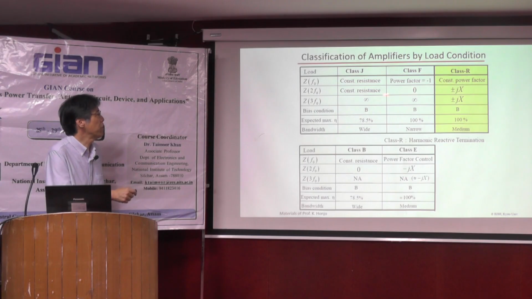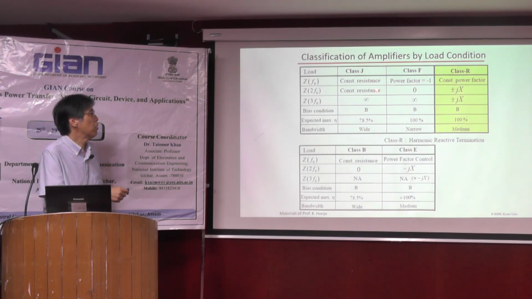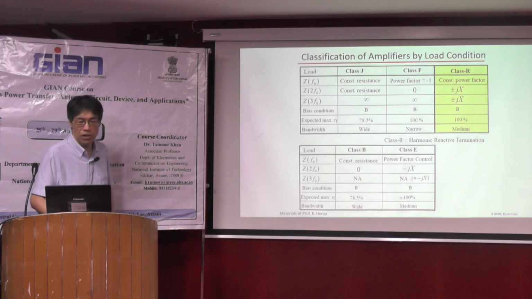Instead of the 0 impedance, he said the same very good efficiency can be realized with a constant resistance. Of course, compared to the 0 impedance, in class J he used the constant resistance, and the maximum efficiency does not reach 100%. But based on this class J concept, at last, in class R, he changed the third harmonic impedance to jX and the second harmonic to jX.